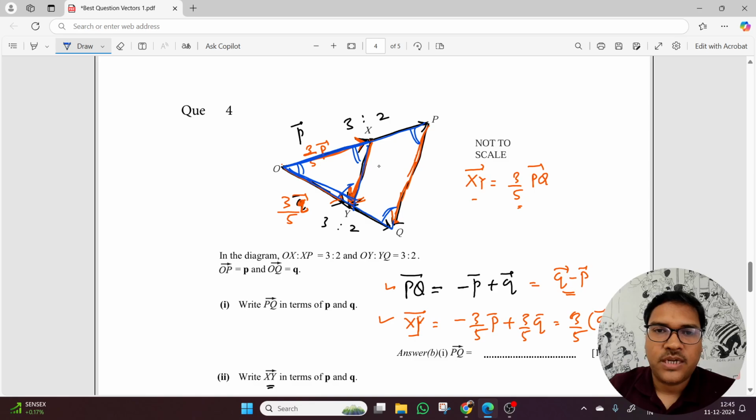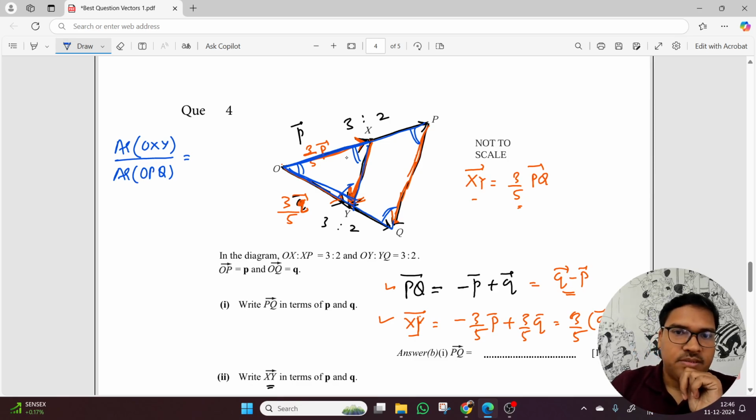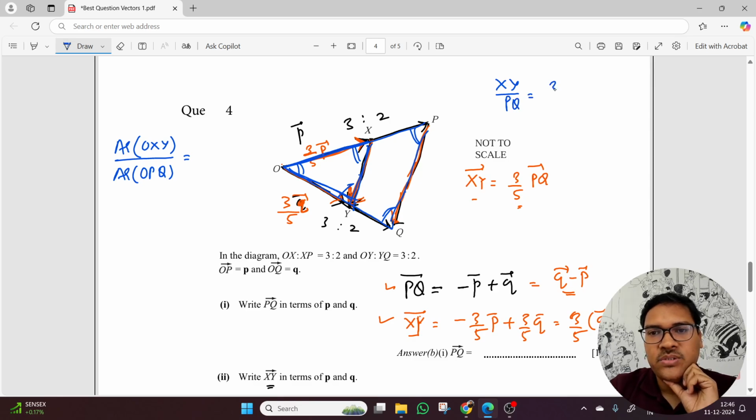If these two triangles are similar, so you can say area of triangle OXY upon area of triangle OPQ will be equal to... Now we can easily write the side length ratio, XY is to QP. What is the ratio of XY to PQ? This side length ratio is 3 is to 5. Why is this 3 is to 5?